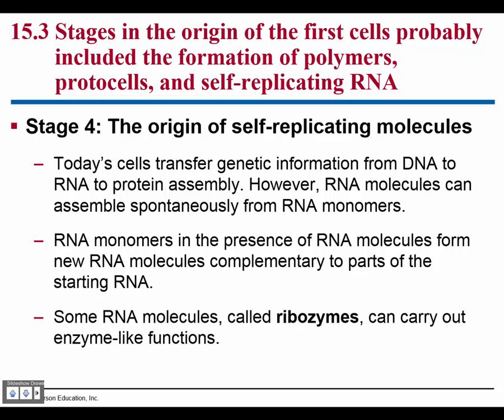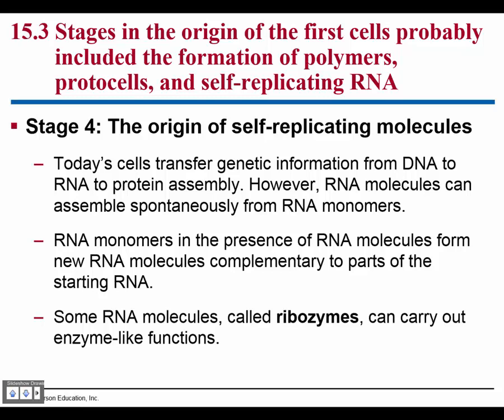And so we use DNA today, DNA to RNA to protein assembly. So RNA molecules can assemble spontaneously from RNA monomers. So RNA can spontaneously assemble because of the laws of chemistry and physics, right? RNA monomers in the presence of RNA molecules form new RNA molecules complementary to the parts of the starting RNA.